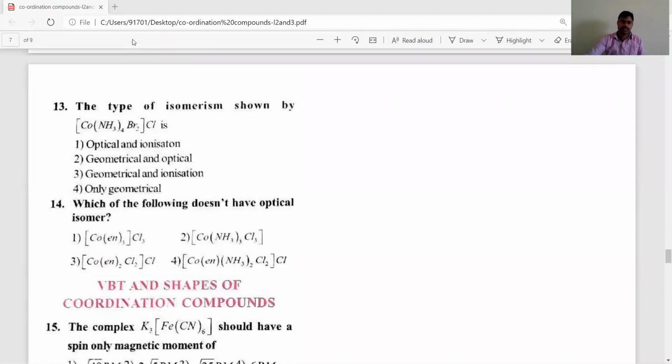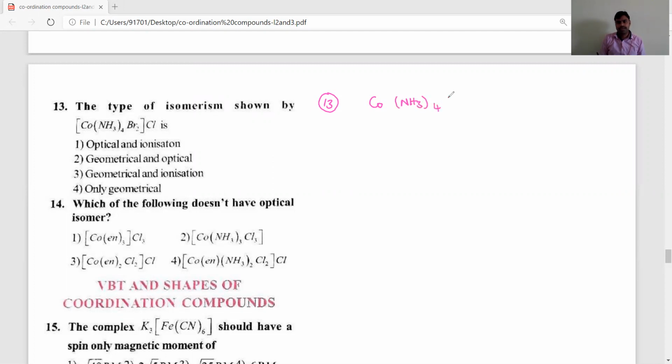The 13th question, dear students. What type of isomerism is shown by the given complex? Let's observe the structure of the given complex, [Co(NH3)4Br2]Cl. Its coordination number is 6. It is an Ma4B2 type of complex, which means it shows geometrical isomerism.